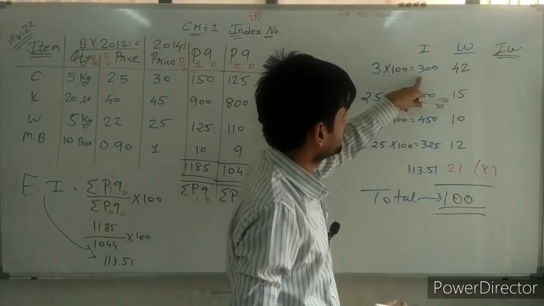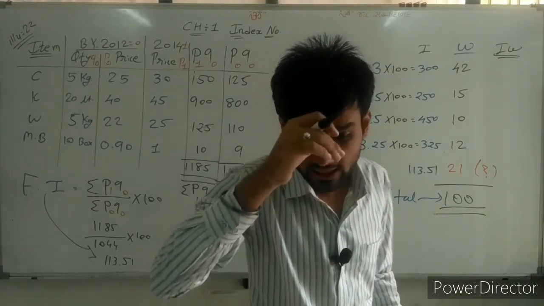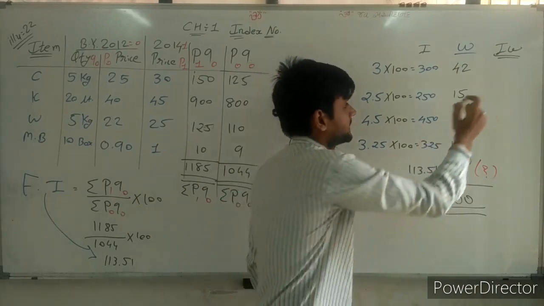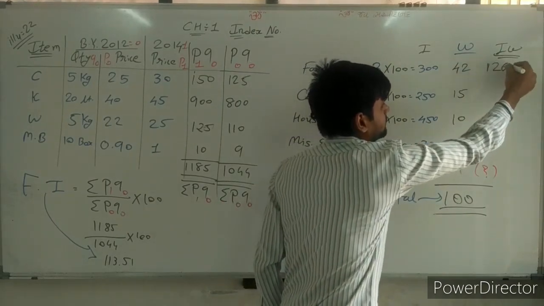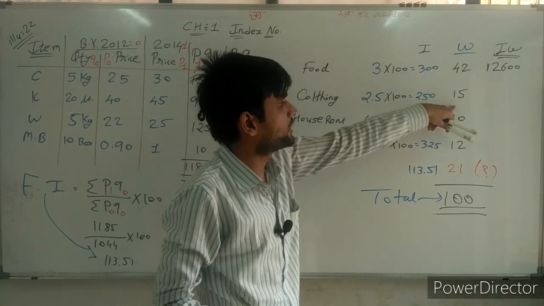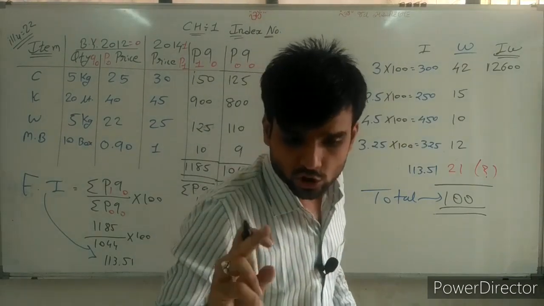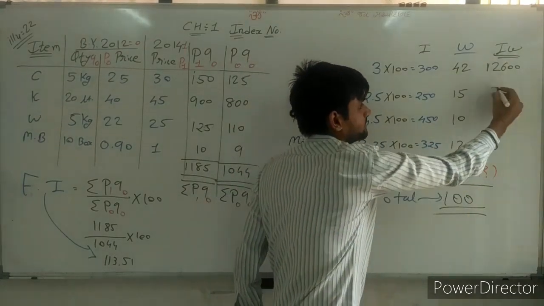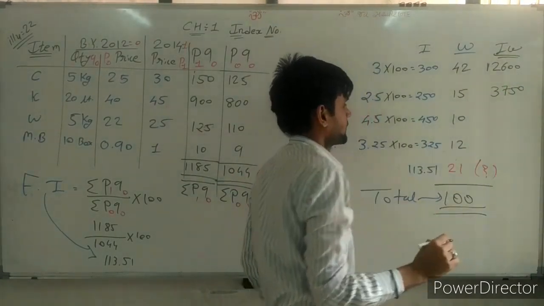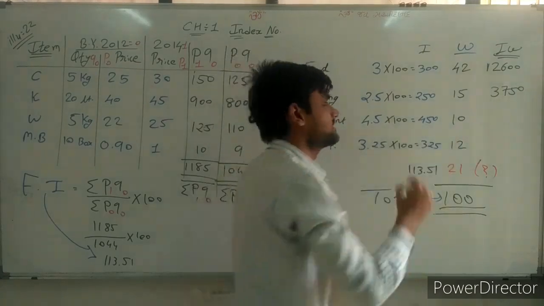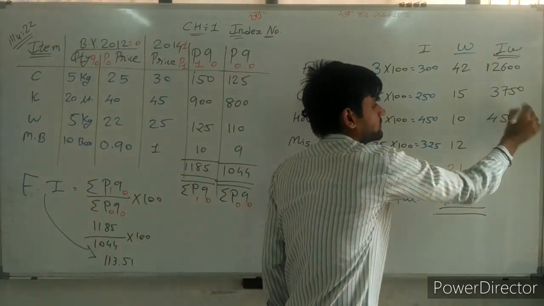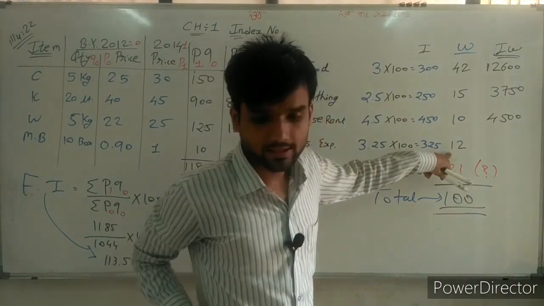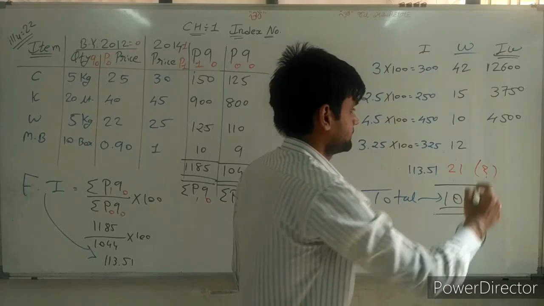Multiplication of both. 300 into 42. So what is the answer actually? 300 into 42, I am getting 12,600. Same way, 250 into 15, I am getting 3,750. 450 into 10, that is very easy, directly can do: 4,500. 325 into 12, 3,900.